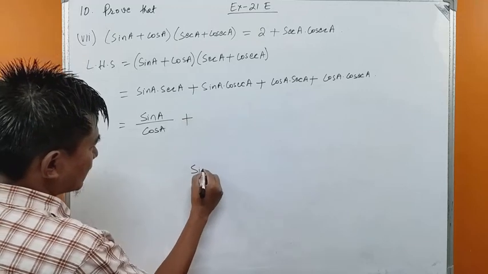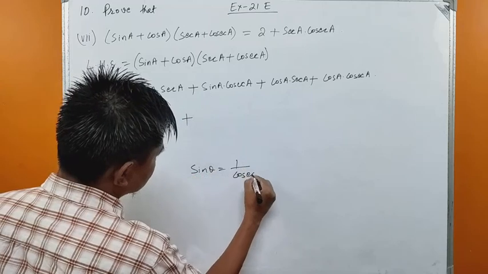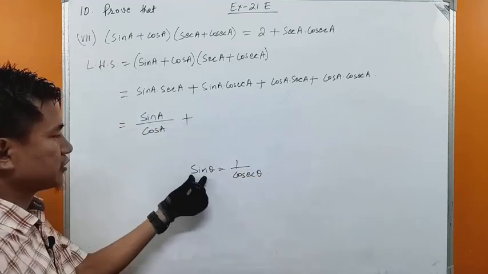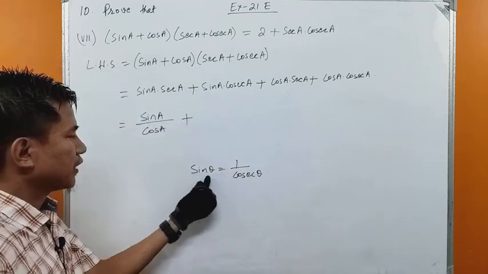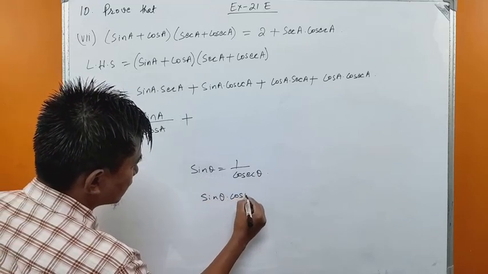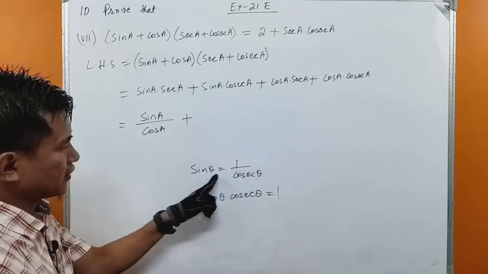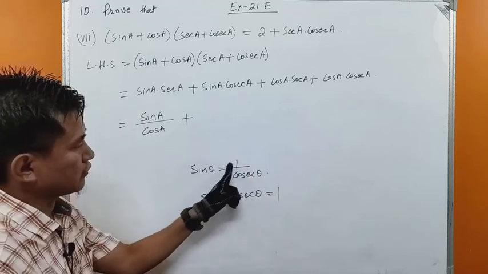Sin theta equals 1 upon cosec theta, isn't it? Sin theta and cosec theta are reciprocal of each other, so let's cross multiply this. Sin theta into cosec theta equals 1.